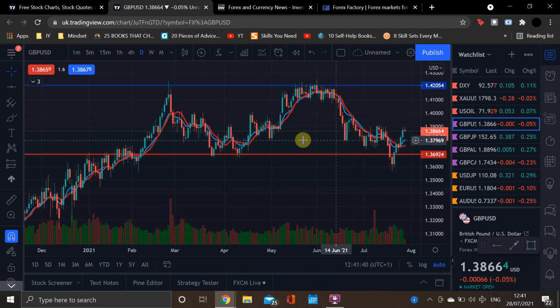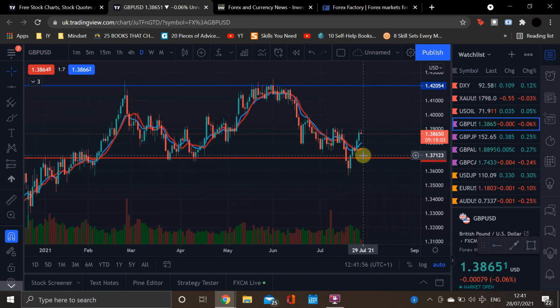1, 2, consolidated around here, then broke all the way down, reached this level here, broke past it, went up, then went all the way down, broke past this support, went all the way up to this area here. Let's go into that area, 139. Interesting.